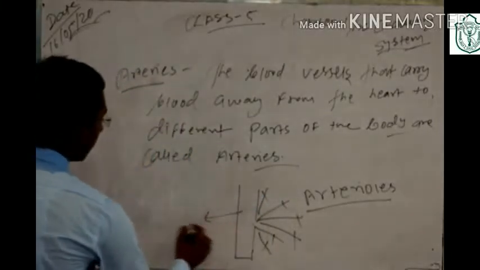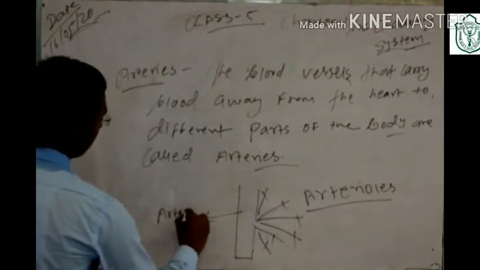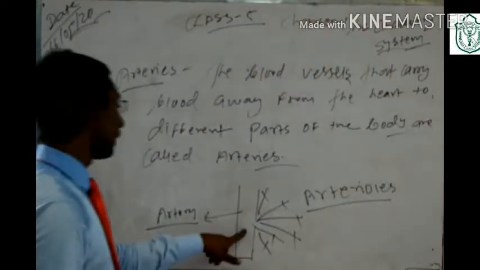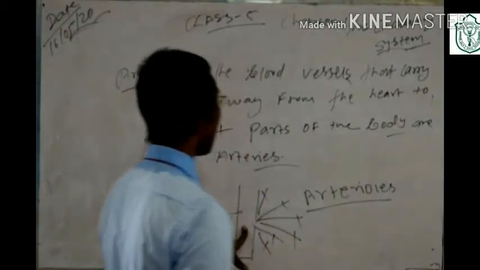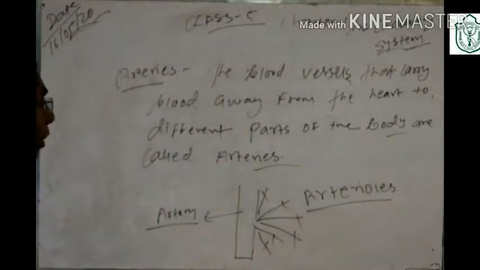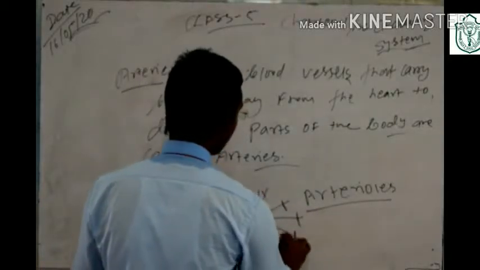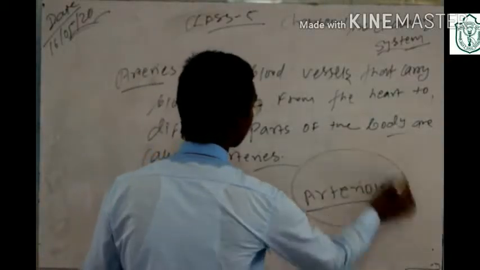And this is the artery. So from the artery, the small tubes branch out, and those smaller tubes are known as arterioles.